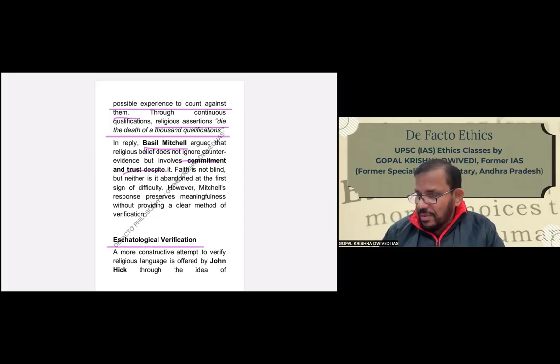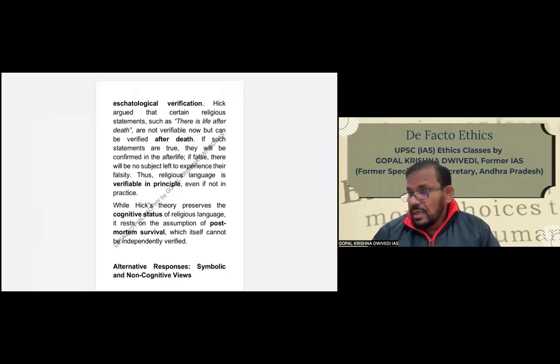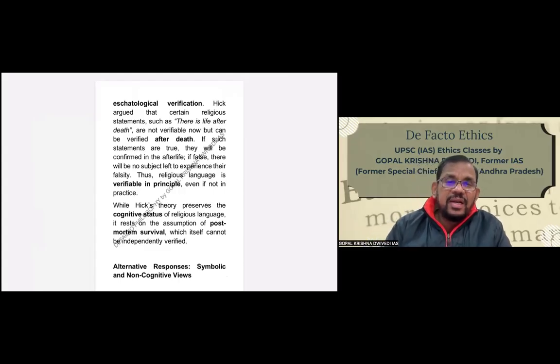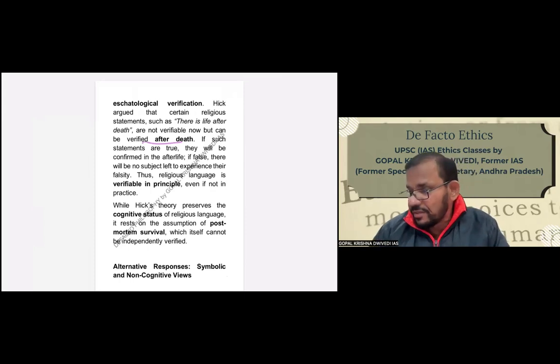Another theory was given by John Hick, another very important contemporary philosopher. He has given the theory of eschatological verification. He says that certain religious statements, such as there is life after death, are not verifiable now, but can be verified after death.